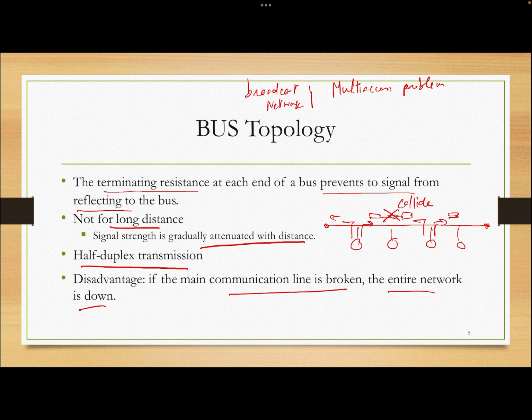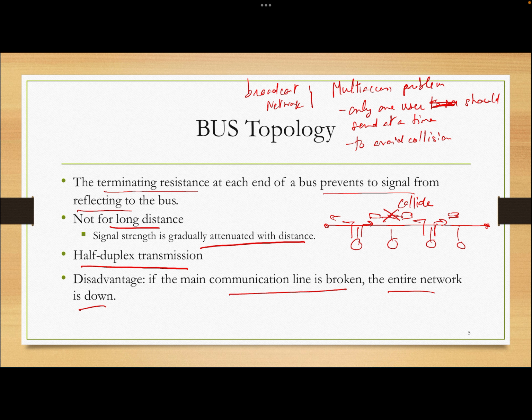We want only one user to send at a time, to avoid collision.